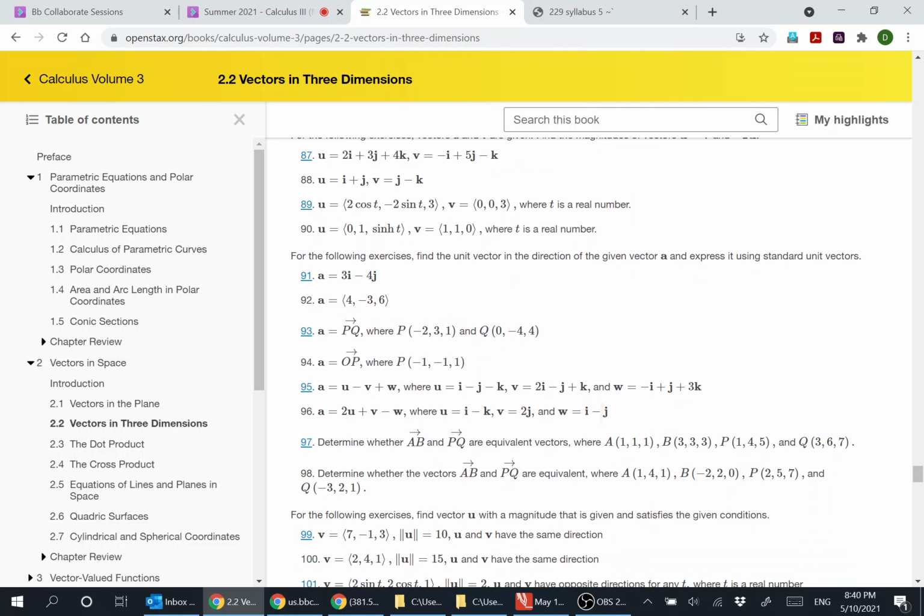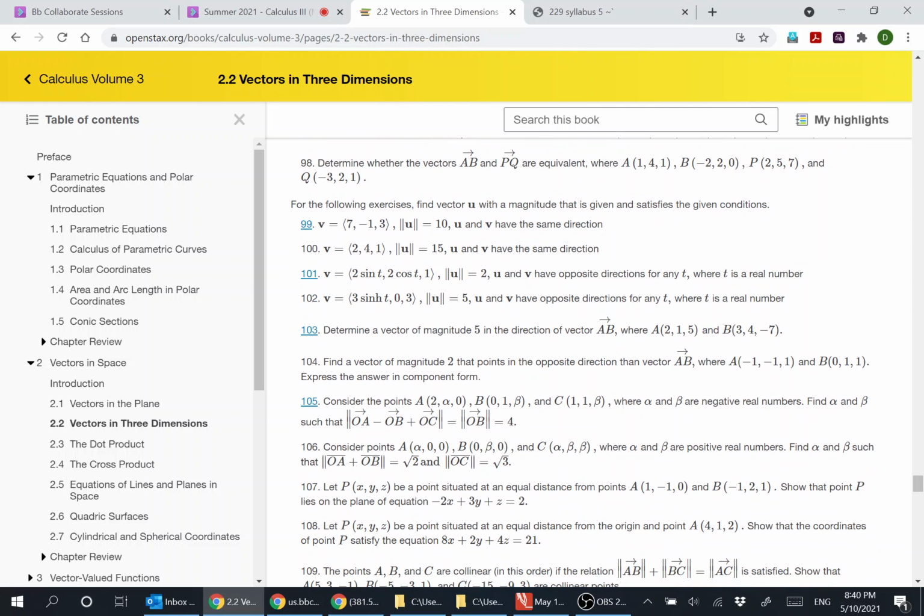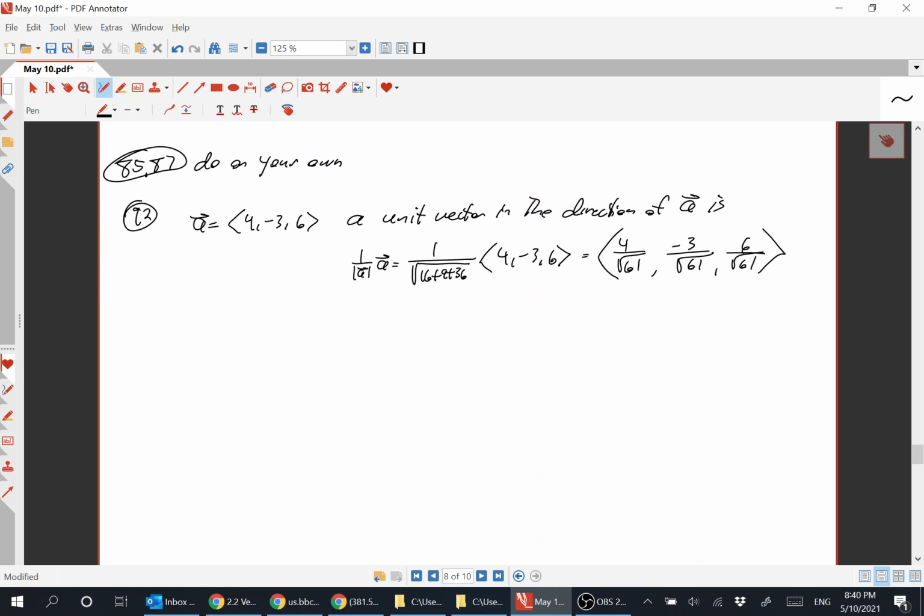104, 111, and 113. 104, find a vector of magnitude 2 in the opposite direction than vector AB. So A is (-1, -1, 1) and B is (0, 1, 1).